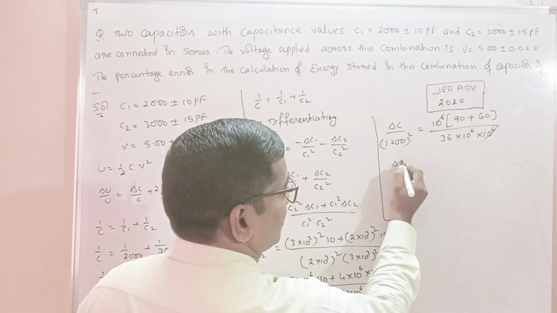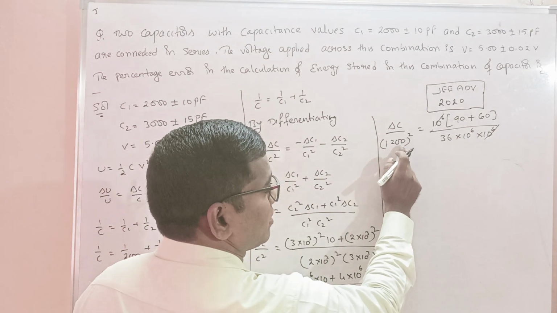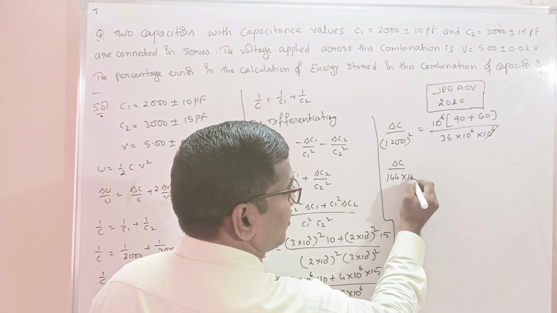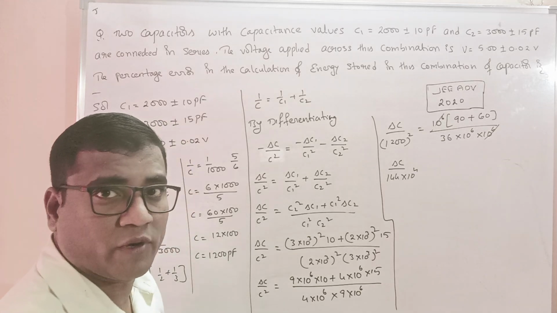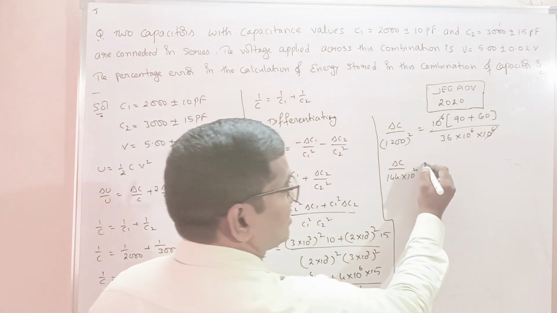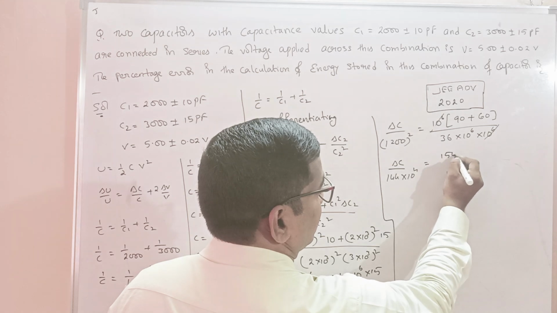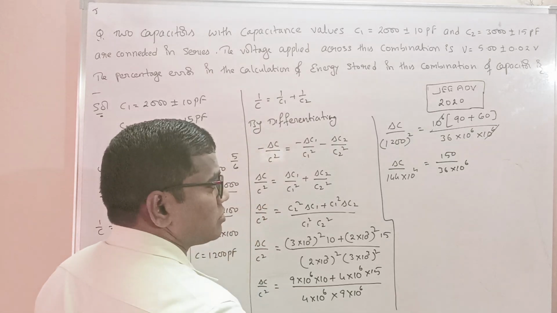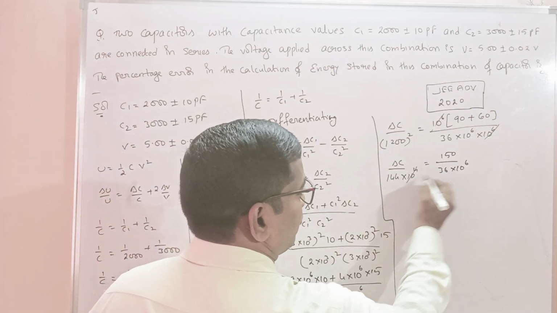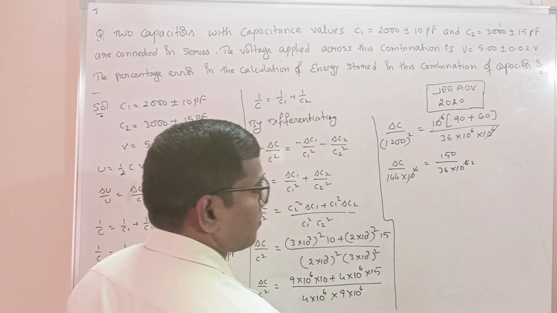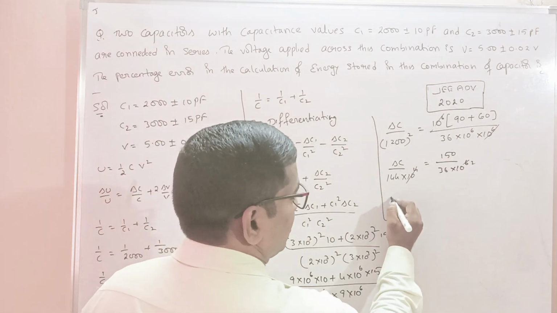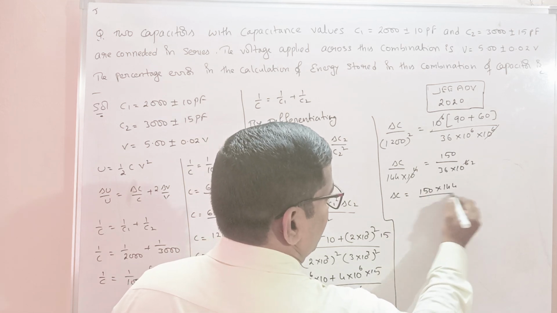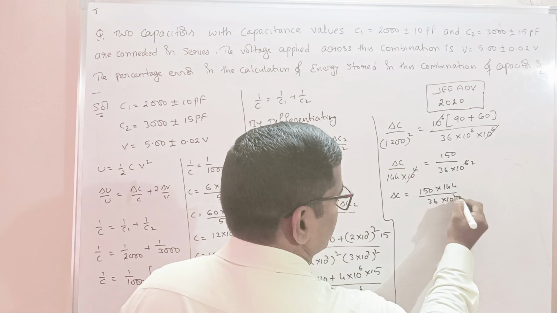Again, if you observe delta C by 12 into 10 power 2 whole square, I will write 144 into 10 power 4. So if you see here 90 plus 60, 150 upon 36 into 10 power 6. So now if you see again this 10 power 4 and this 2 will cancel. 10 power 2 is remaining. Delta C can be written as 150 into 144 upon 36 into 10 power 2.